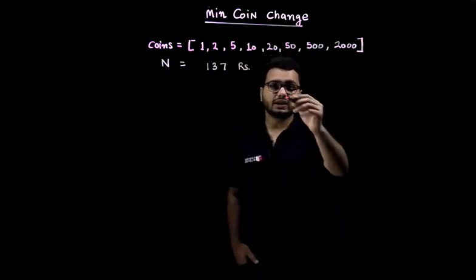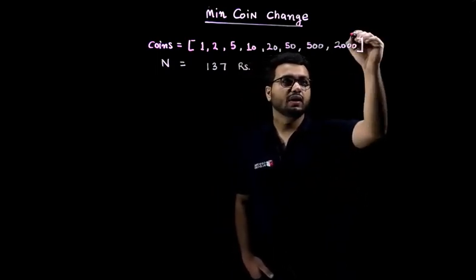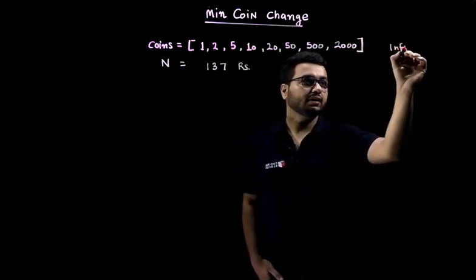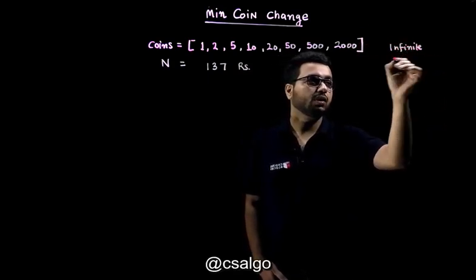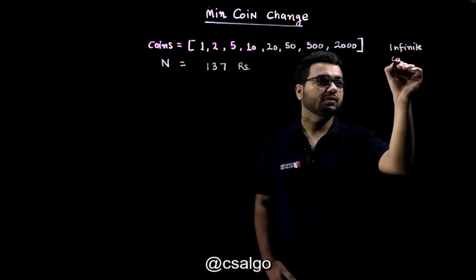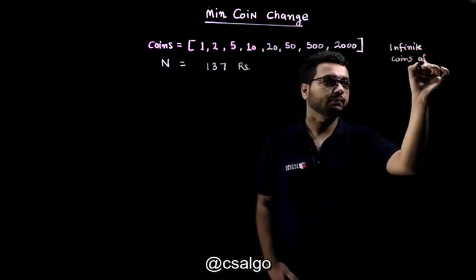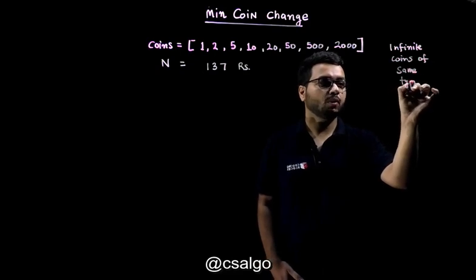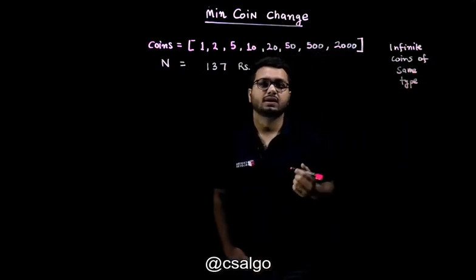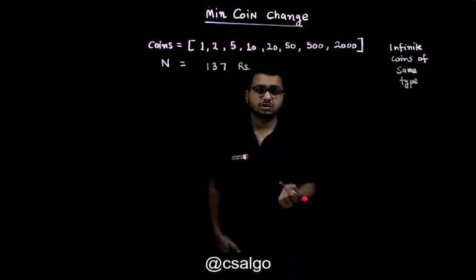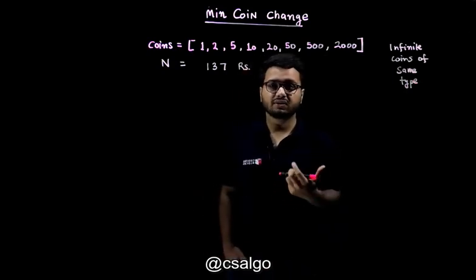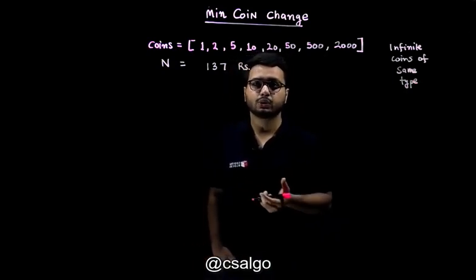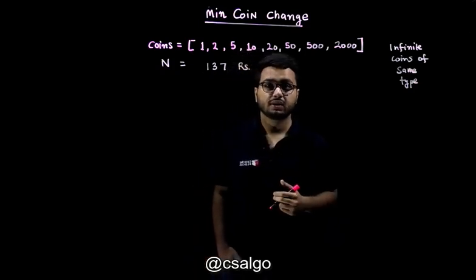And for each type of coin or currency you have infinite coins. Okay, so you have infinite coins of the same type, which means you can use the same coin multiple times, right? So the question is, what is the minimum number of coins needed to make 137 rupees, right?